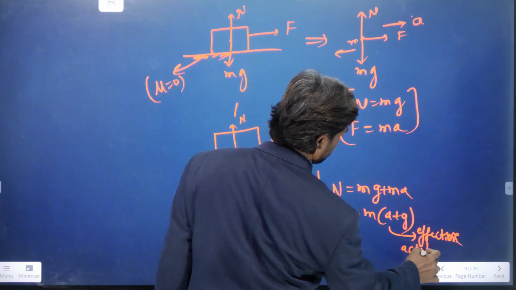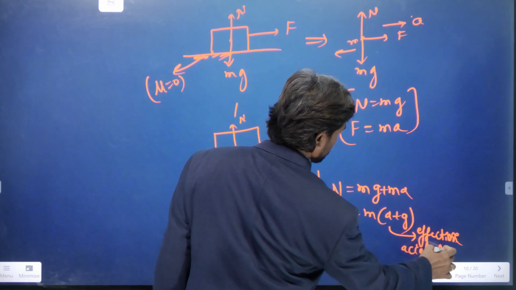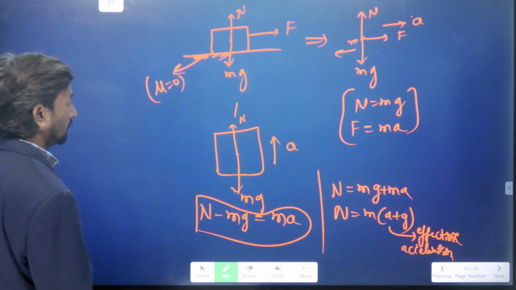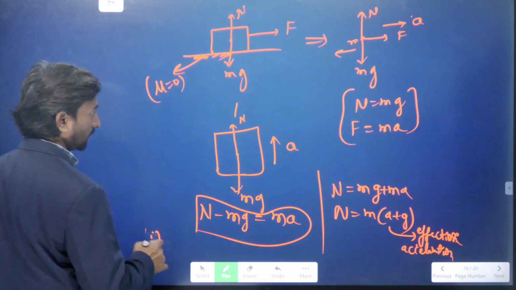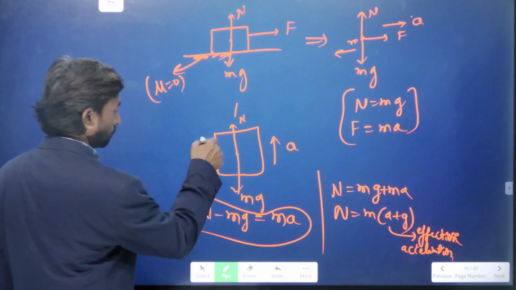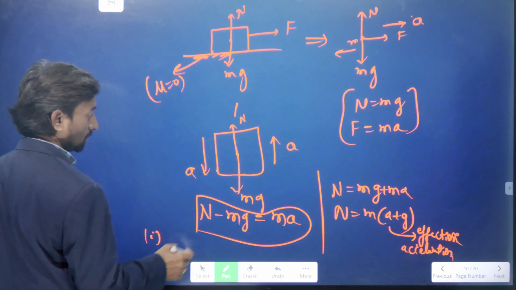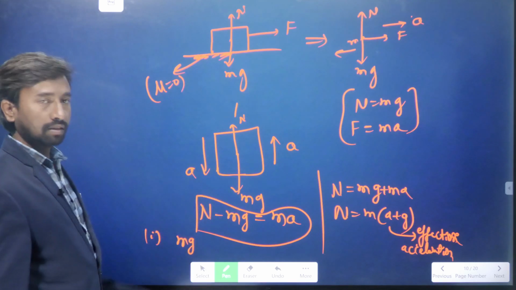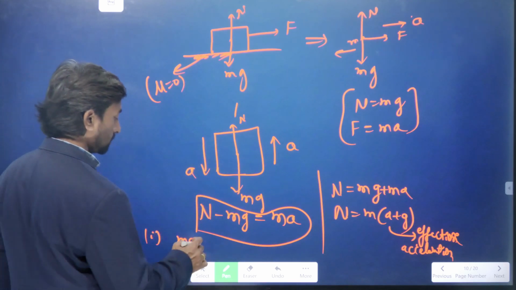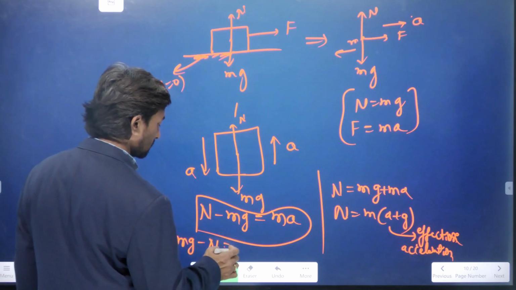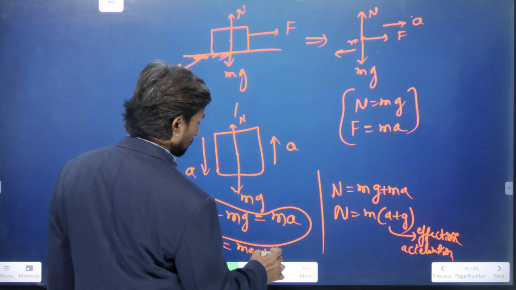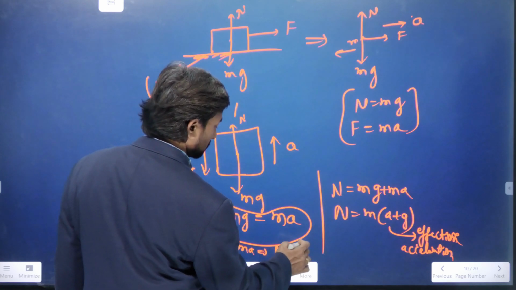In the same manner, if the lift is moving downwards with acceleration a, the weight of the body will be greater than the normal reaction. So the net force is mg minus N, equal to ma. From here, N equals m into (g minus a).